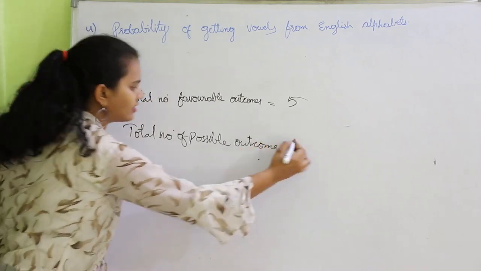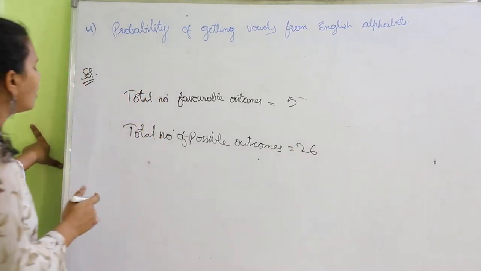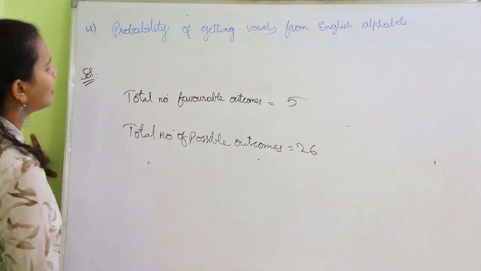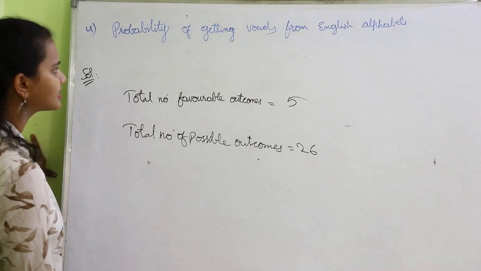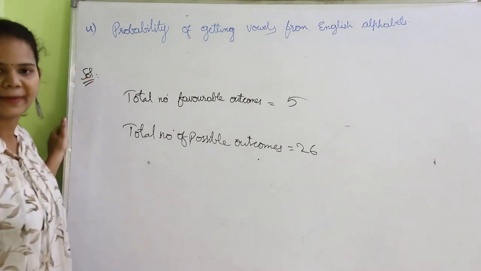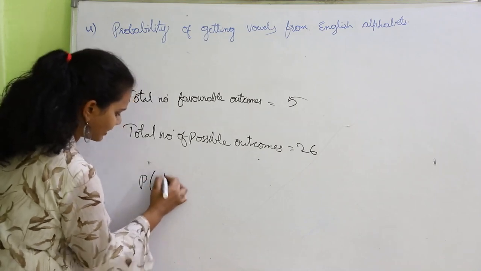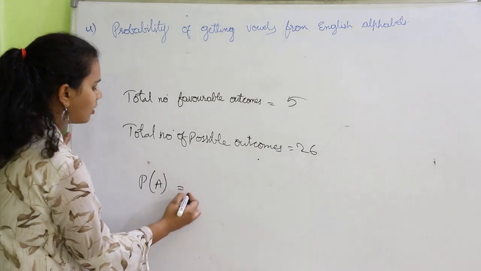So the total number of possible outcomes will be 26. Now let the probability of getting a vowel be represented by P of A. Okay, I'm representing it like this.